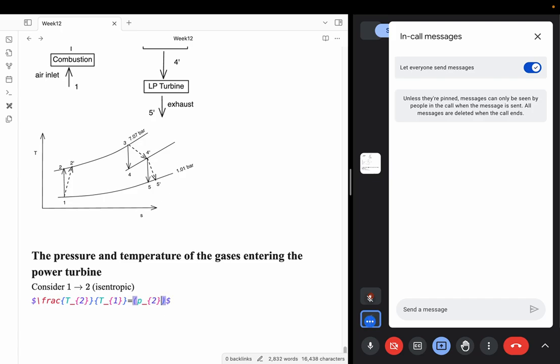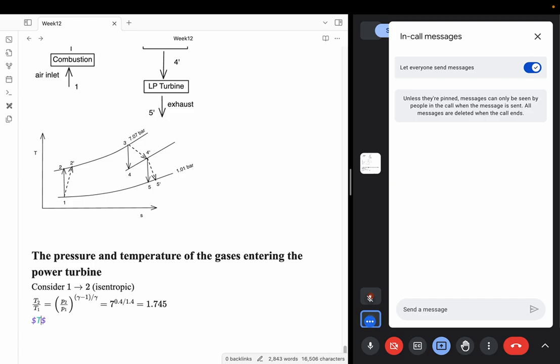So we denote it as P2 by P1 to the power gamma minus 1 by gamma. If you substitute the values, P2 by P1 is 7, and 7 to the power gamma minus 1 by gamma, which is 0.4 by 1.4, comes to around 1.745.